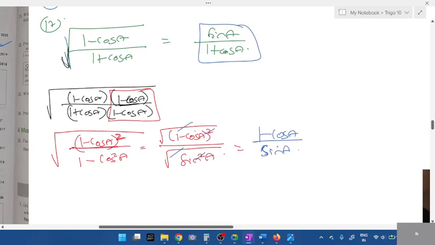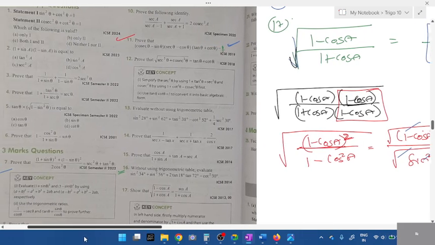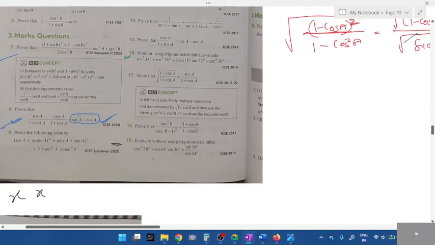Oh, we should have got the answer. 1 minus cos A by sine A. I'll just check, students. I'll just see this.